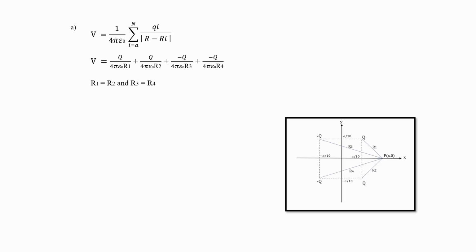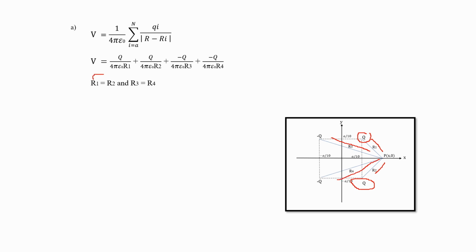From the figure, we can see that the positive Q charge here is symmetrical with the other positive Q charge. So we can simply say that the magnitude of R1 is equal to R2. This also applies to R3 and R4.